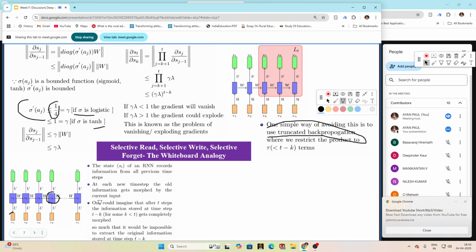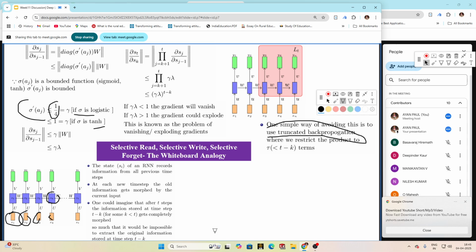But in the case of RNN, what happens is, at each hidden time step, we are morphing the hidden state with the information from the current state. So if I just want the information of x1 in s4, it is very difficult because we have morphed it by x2, x3 and x4. So that is the problem of this RNN.